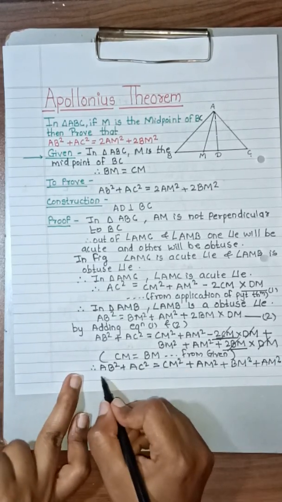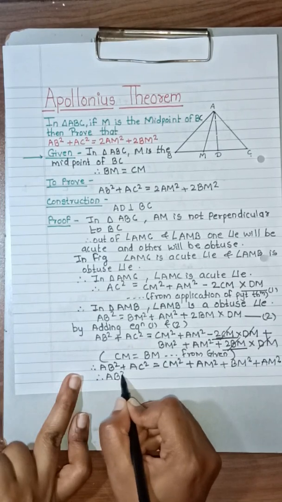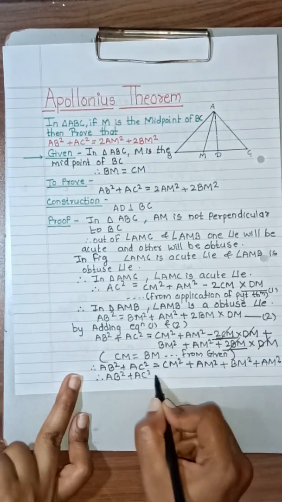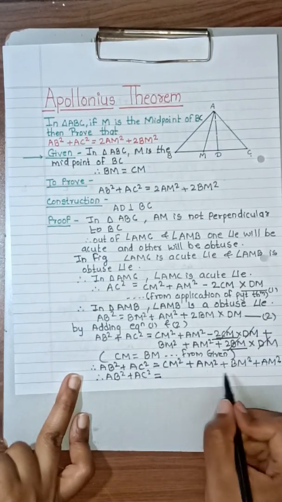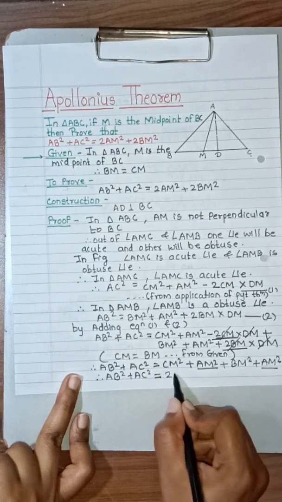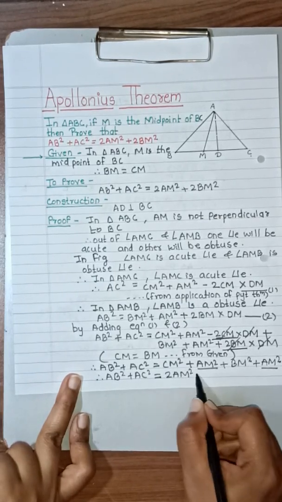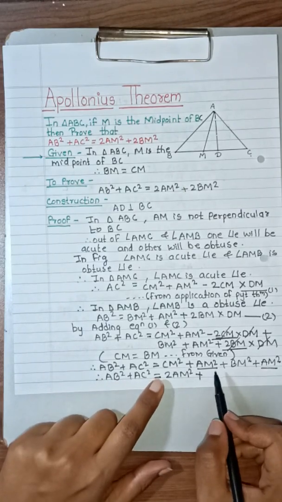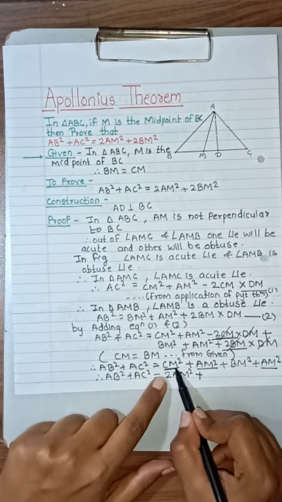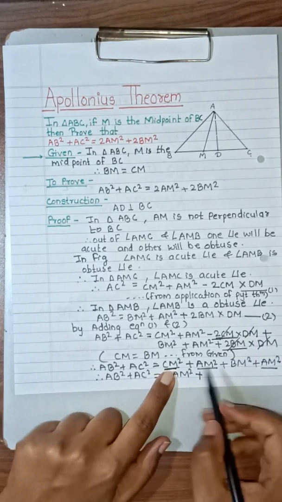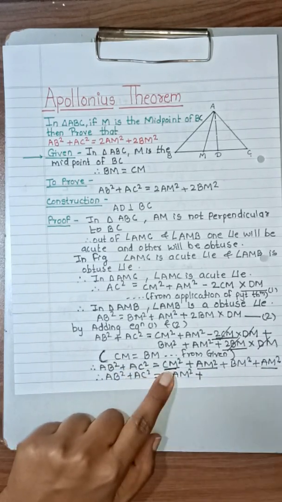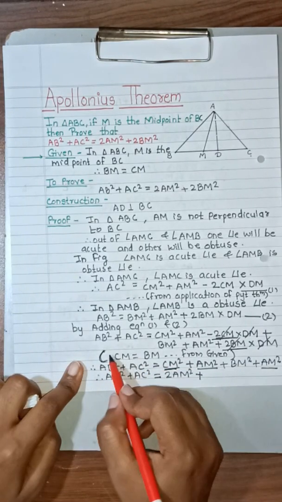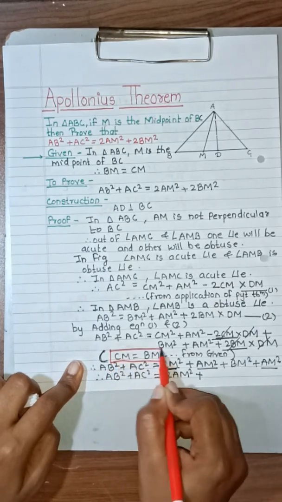Now AM plus AM is 2AM square. Instead of this CM, I can write BM, as CM is equal to BM.